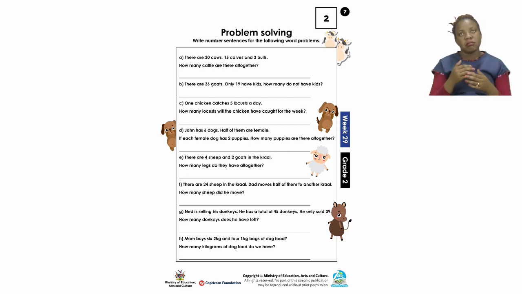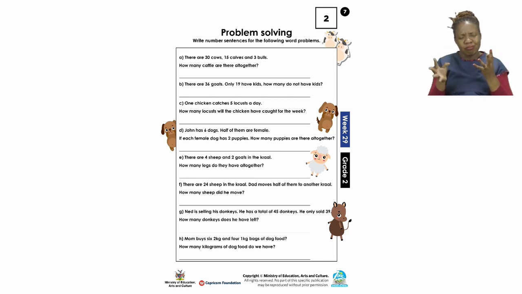A, it reads, there are 30 cows, 15 calves, and 3 bulls. One more time. There are 30 cows, 15 calves, and 3 bulls. Now we have to work out how many cattle are there altogether.